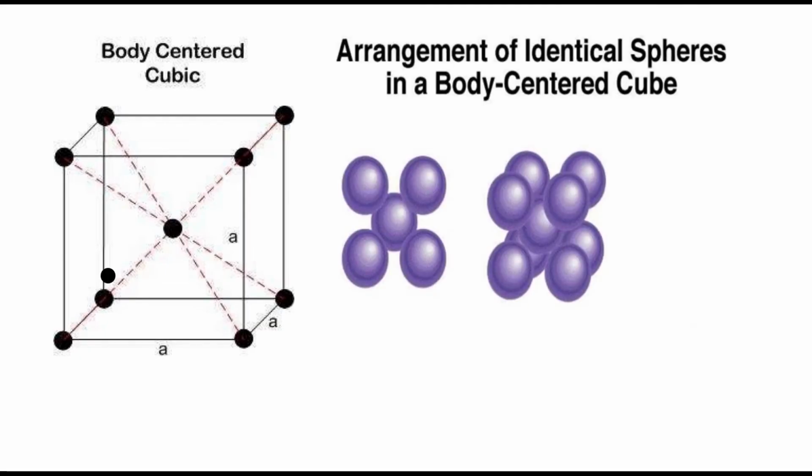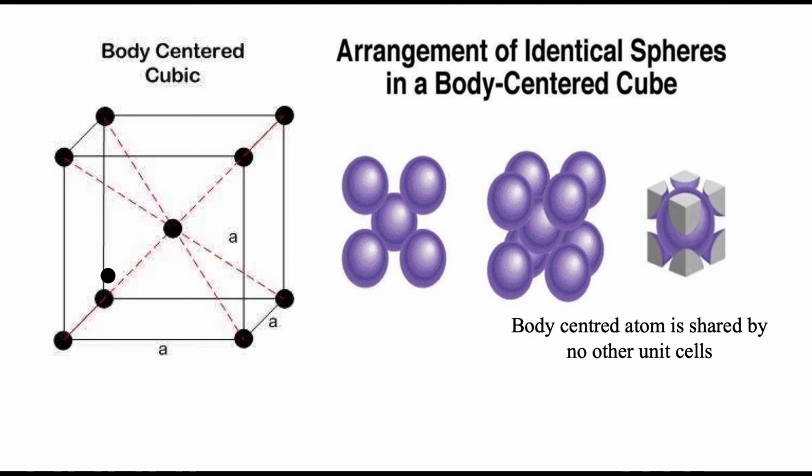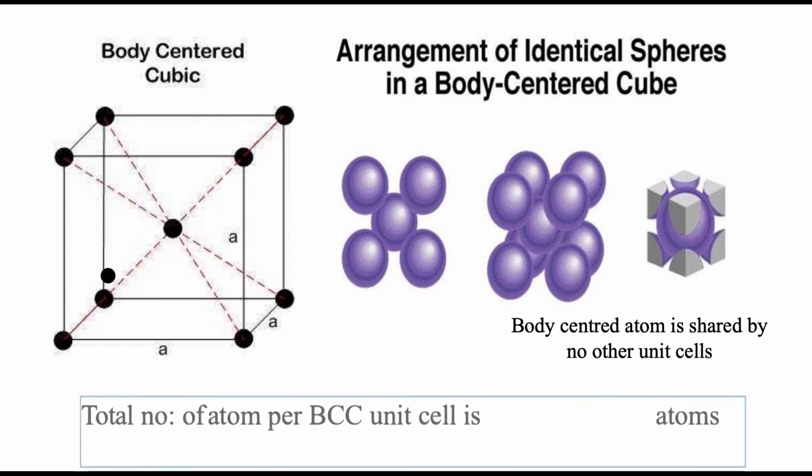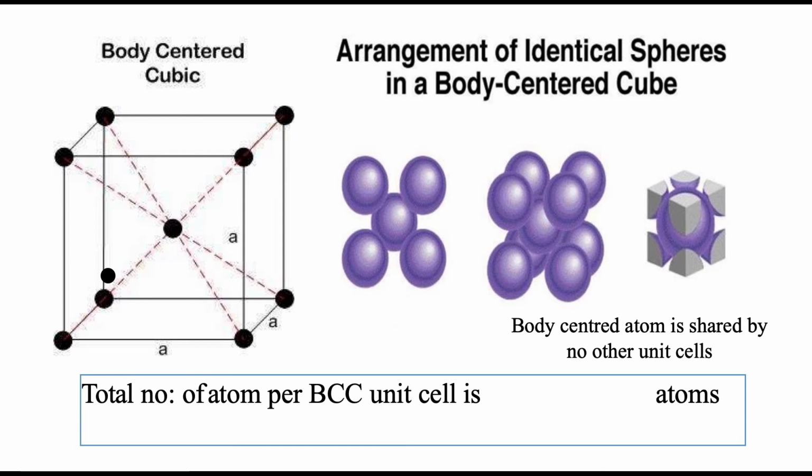The whole part of this atom is completely inside the cell. Hence, its contribution to the unit cell is 1. Thus, the total number of atoms per body-centered unit cell is 1/8 multiplied by 8 from corner atoms plus 1, that is from the body-centered atom, that is 2.